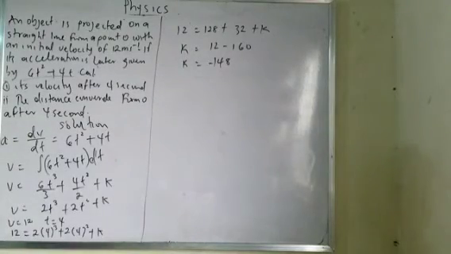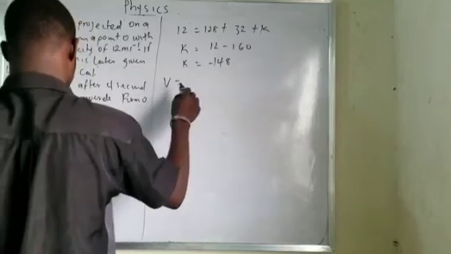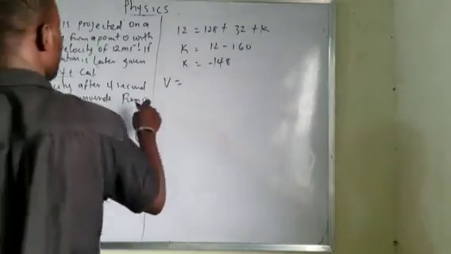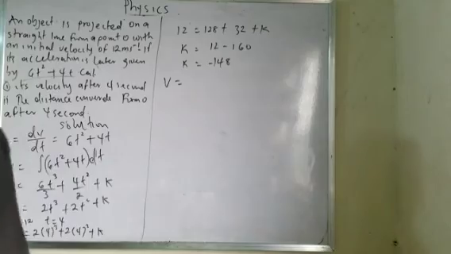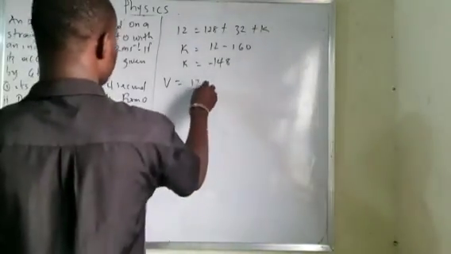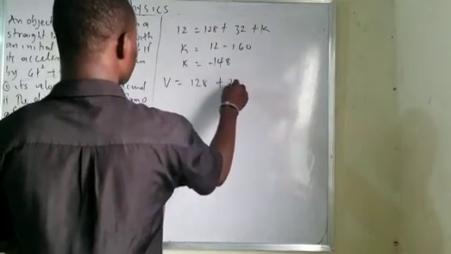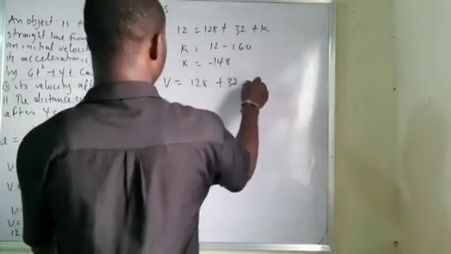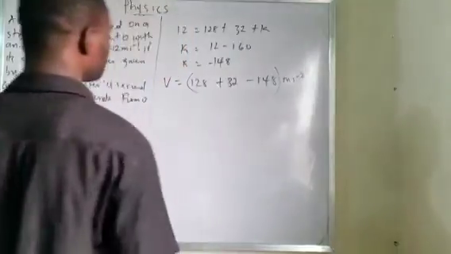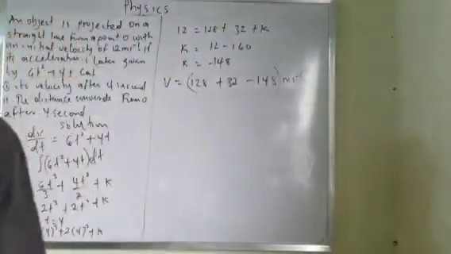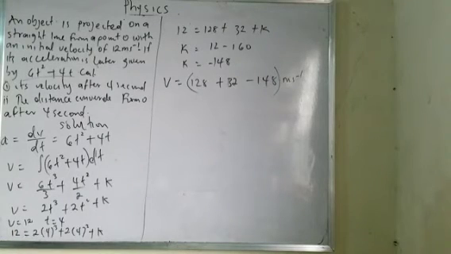Since I have it, my velocity will be equal to 2t cubed plus 2t squared minus 148. With 128 plus 32 minus 148, which is going to be what?